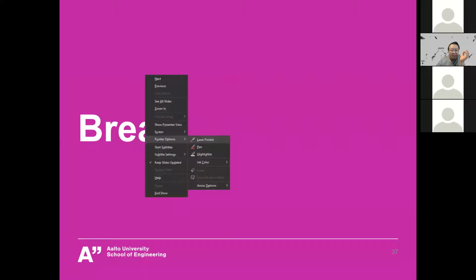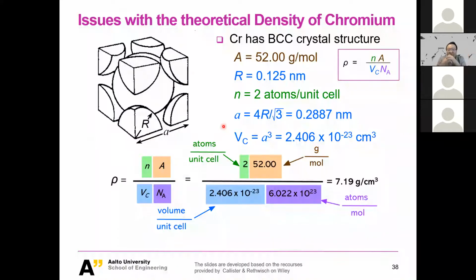But before that, we're going to go to something a little bit different in terms of material science. Now let me get my laser pointer. Maybe you remember this issue. I asked you about the theoretical density of chromium. You made the calculation based on the assumption of a perfect BCC structure.